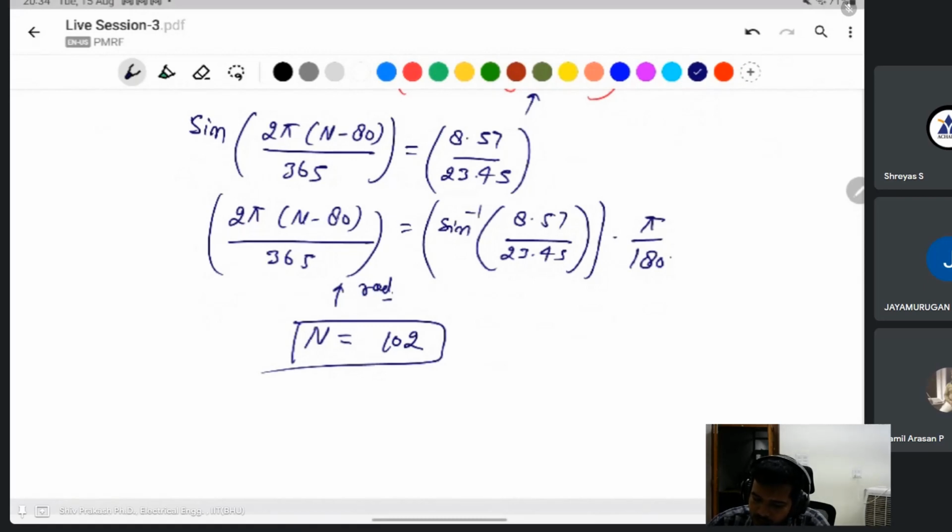102 means January, February, March: January 31st, February 28th, March 31st, and then April.